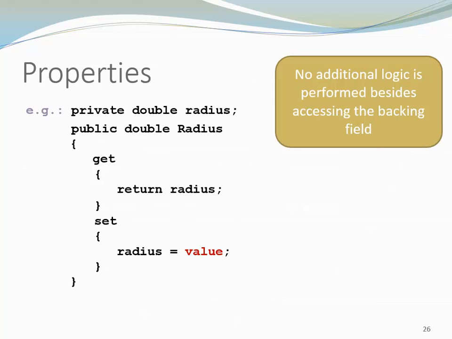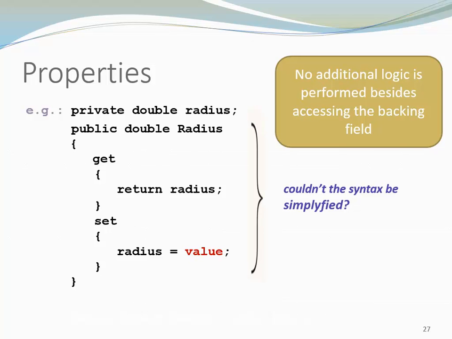Now let's have a second look at the simple example of the radius that we had before. No additional logic has been performed besides accessing the backing field. So this property is the counterpart to having getters and setters automatically generated by an IDE in Java.